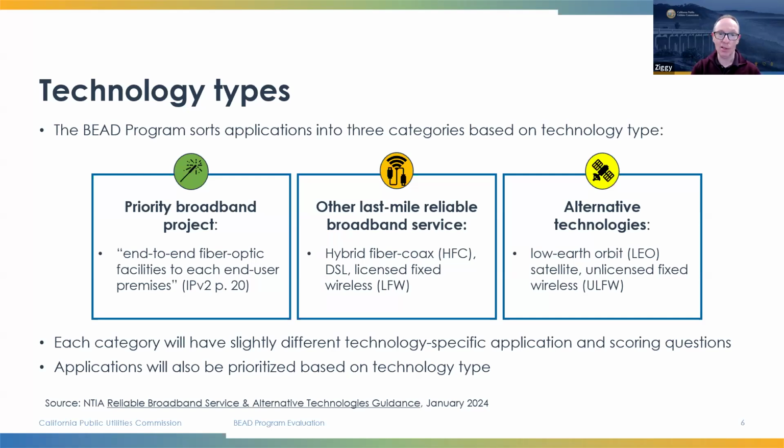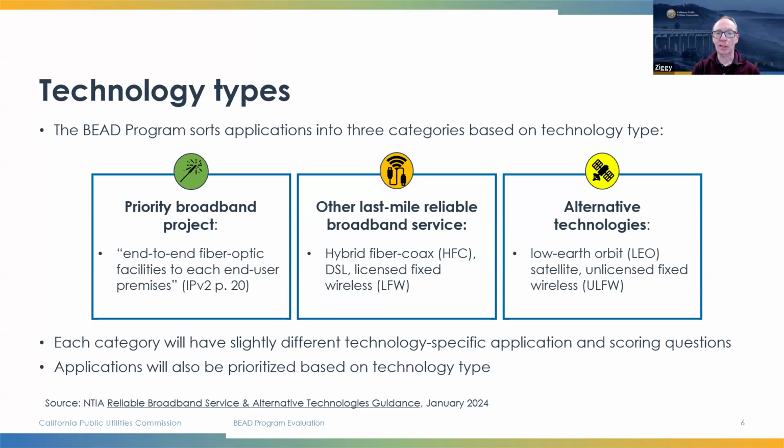This other non-fiber reliable broadband service typically is hybrid fiber coax, licensed fixed wireless, and DSL. And it also needs to be in accordance with performance requirements, which are minimum 100 megabit per second downloads and 20 megabit per second upload speeds.